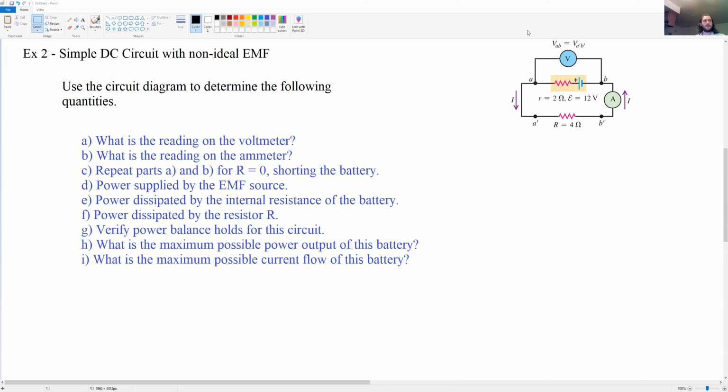So who has some ideas? Okay, we have just absolute silence here. Alberto, Henry, Juan, Sergio, Lick, anybody have any input here? How do we go about finding the value that the ammeter is going to read for the current?